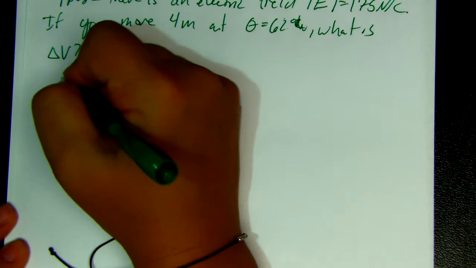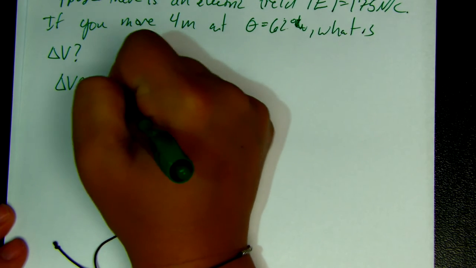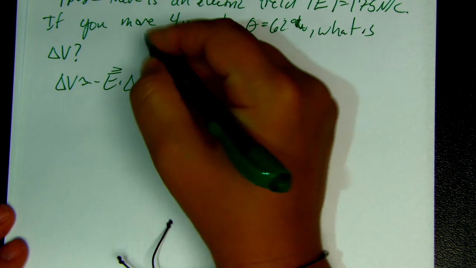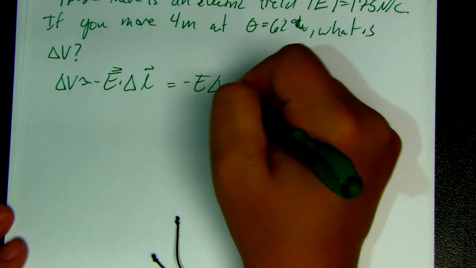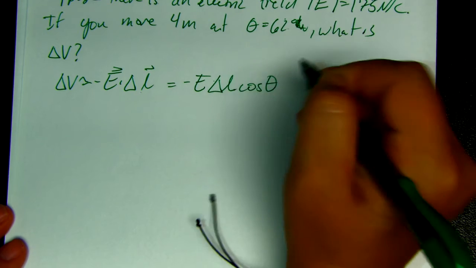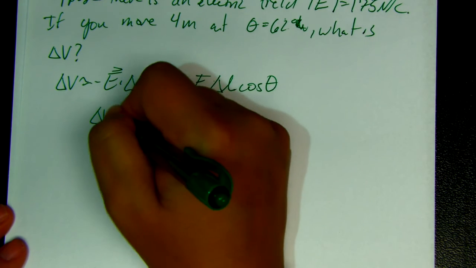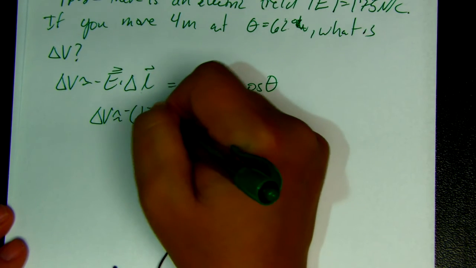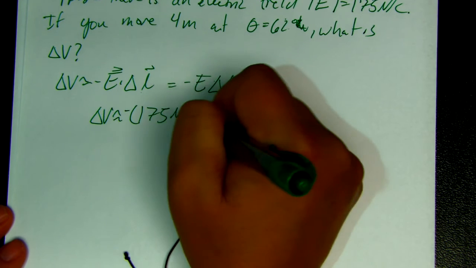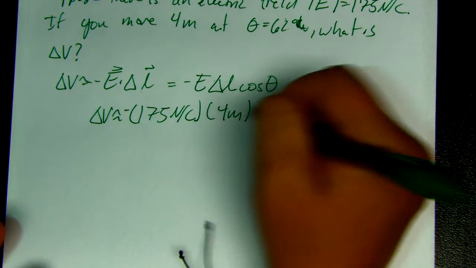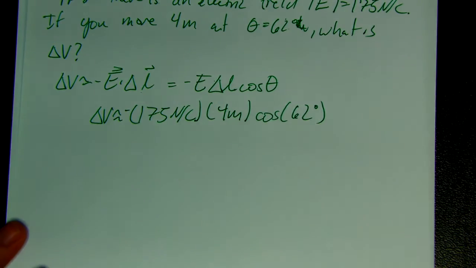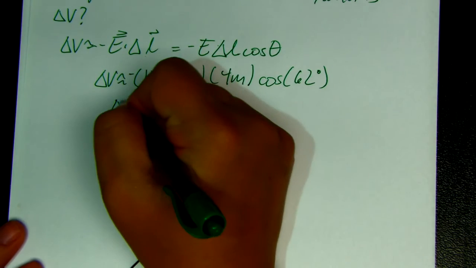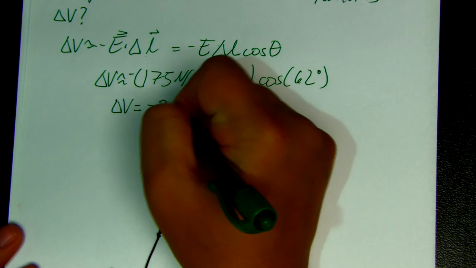All right, so if you'll recall, delta V is minus E dot dL, which is equal to minus E delta L cosine theta. So delta V is minus 175 newtons per coulomb times 4 meters times cosine of 62 degrees, which is the trig formulation of the dot product.